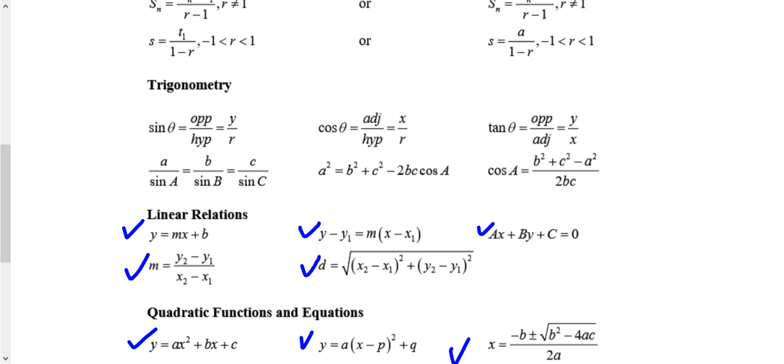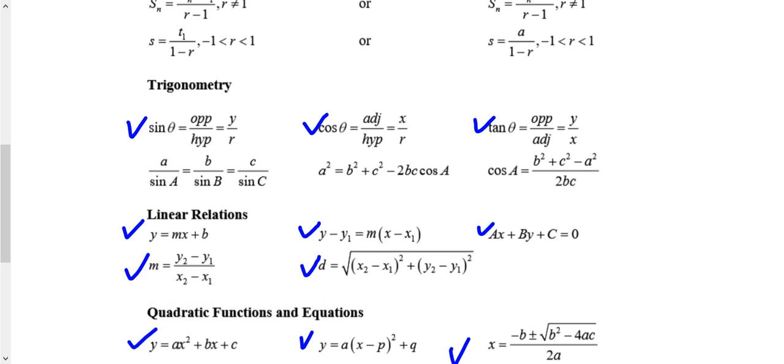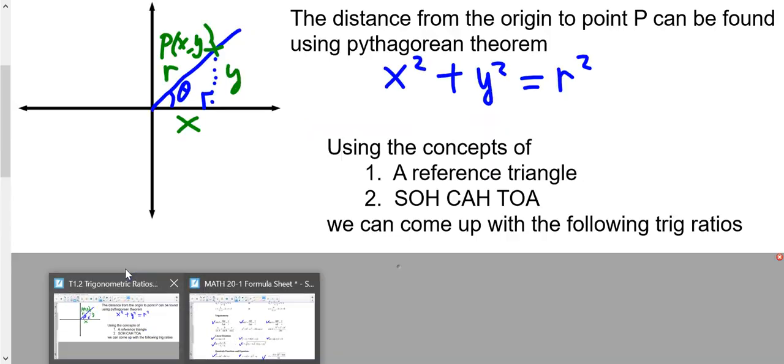So SOHCAHTOA, I'll briefly talk about it. You don't have to memorize this. If you're wondering why I use R for the length of the hypotenuse, it's because I'm just following the notation here. So let's quickly talk about which one is which.